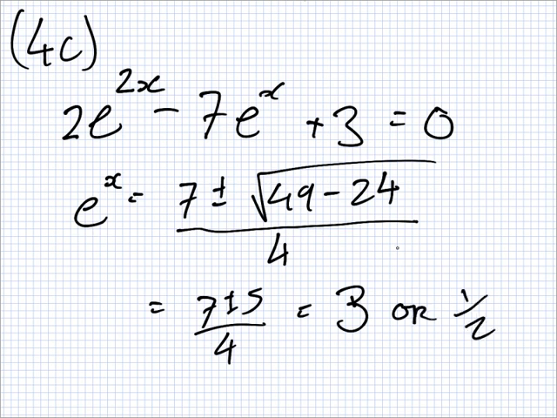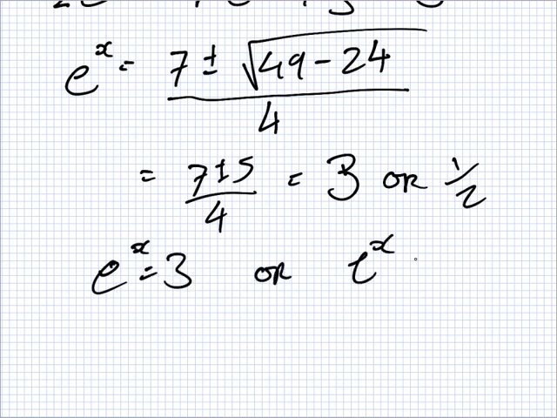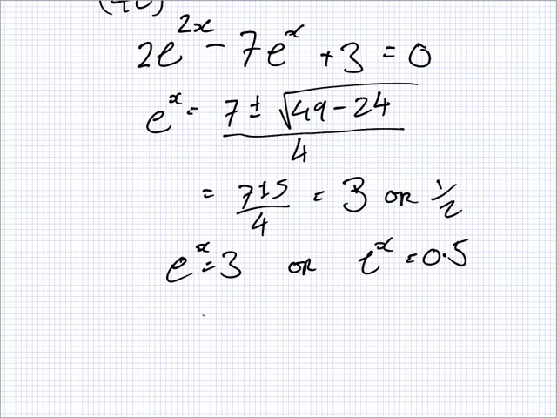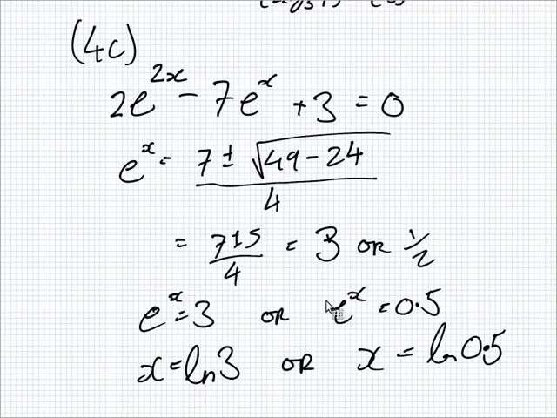For some reason I thought I made it not have factors. Anyways, you can get e power x equals 3 or e power x equals 0.5. So to finish, x is equal to natural log 3 or x is equal to natural log 0.5. And that is that.